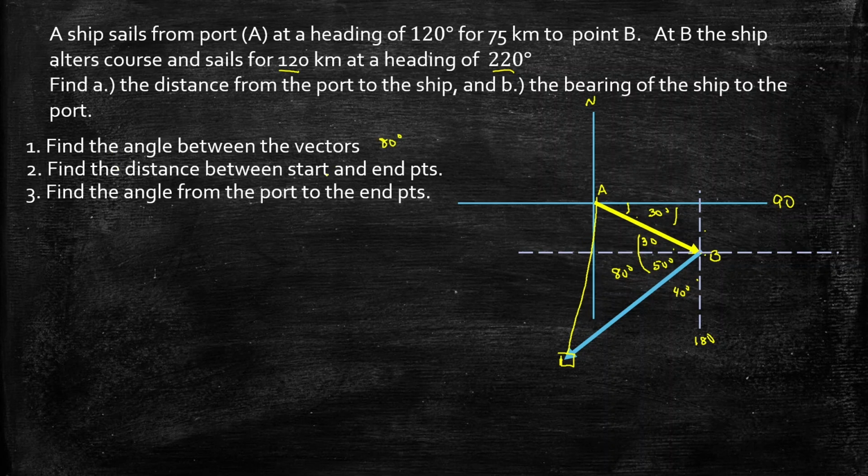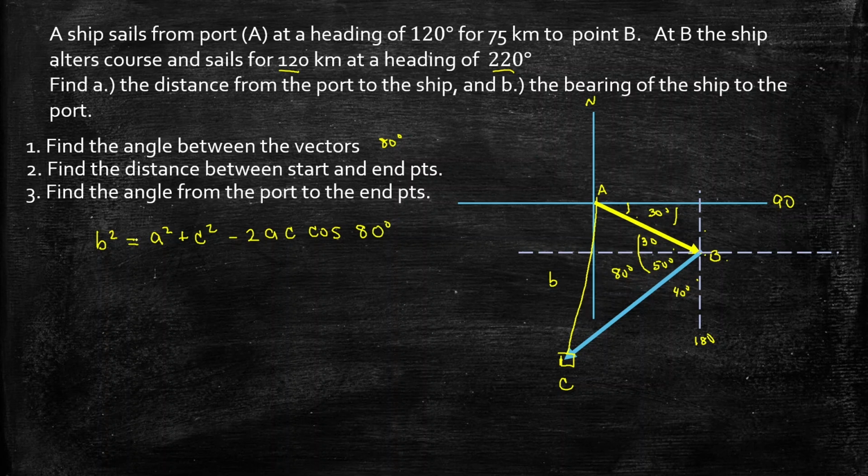Find the distance between the starting and the end point, so the length of this line. If this is side B, this is side C, then this is angle B. From the law of cosines, B squared is A squared plus C squared minus 2AC cosine of my angle, 80 degrees.